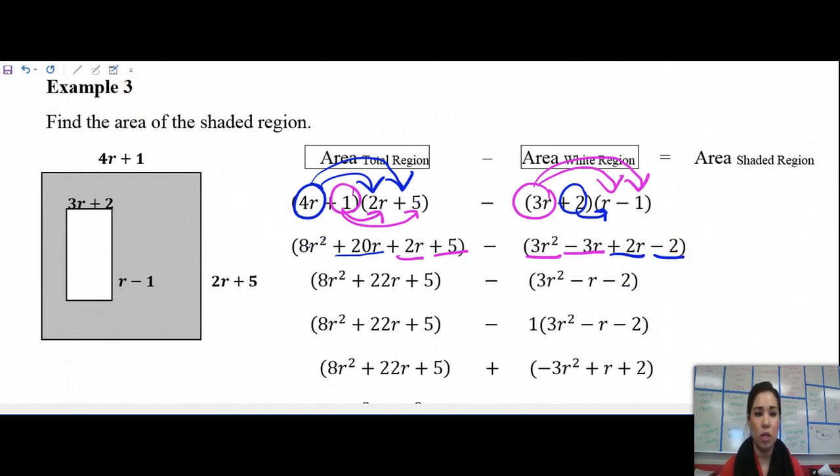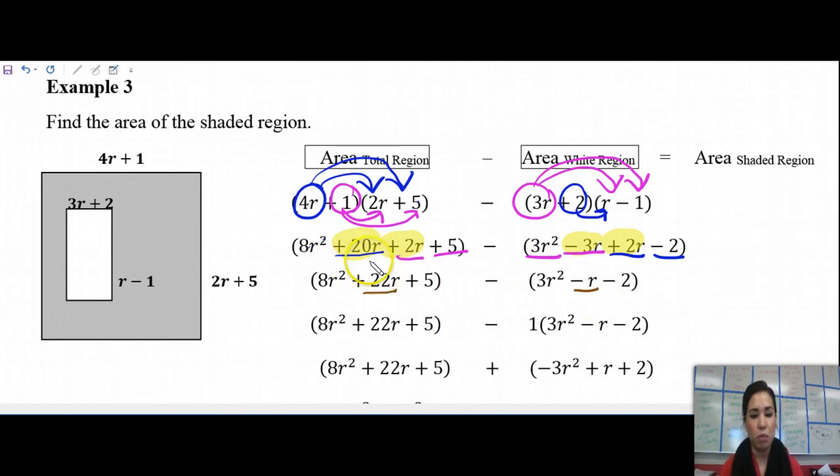So I'm going to go over here, and I'm going to highlight what is like terms. Well, I can combine 20r and 2r. Over here, I can also combine minus 3r and positive 2r. So let's go ahead and simplify that further. So we get positive 20r plus 2r is 22r, and negative 3r plus 2r is a negative r.